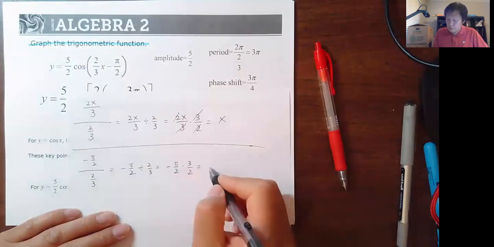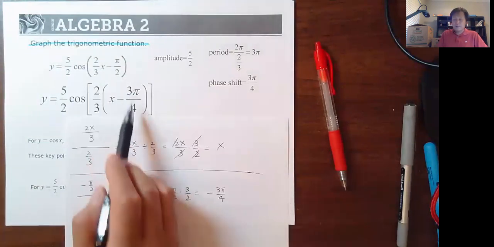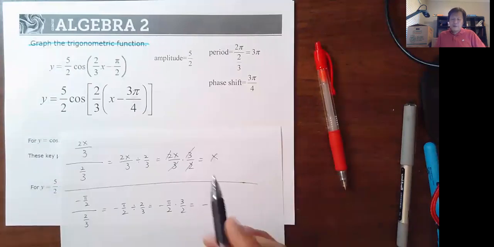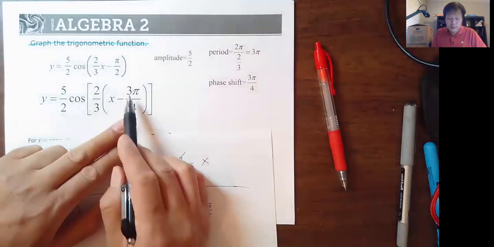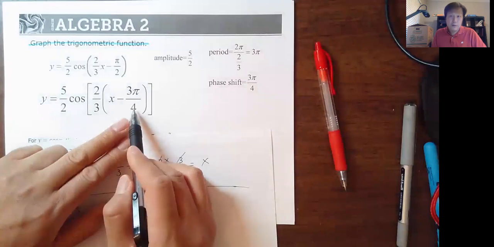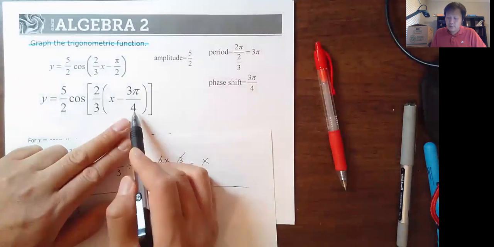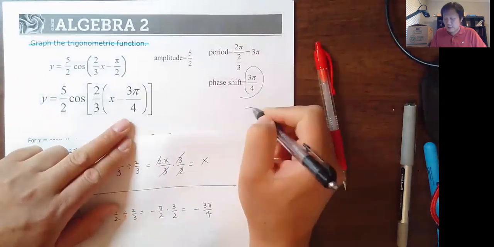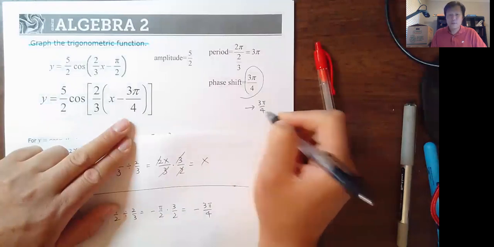Nothing to cancel here: minus 3 pi fourth. That's why we have a minus 3 pi fourth here. After you factor that out, now you can read the phase shift, which is 3 pi fourth. So x minus h, the h value is 3 pi fourth. So the phase shift is 3 pi fourth. Since it's positive, that's exactly the same as moving right by 3 pi fourth.